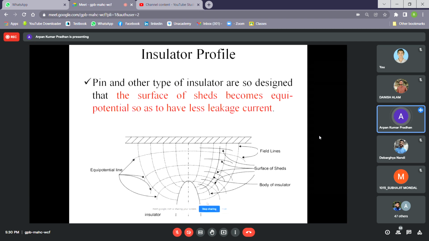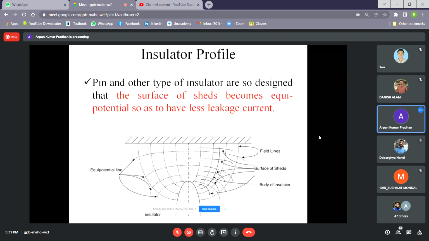In the insulator profile we generally identify how the field lines originate, how they become perpendicular to the equipotential lines, and how the equipotential lines are there on the insulator surface.